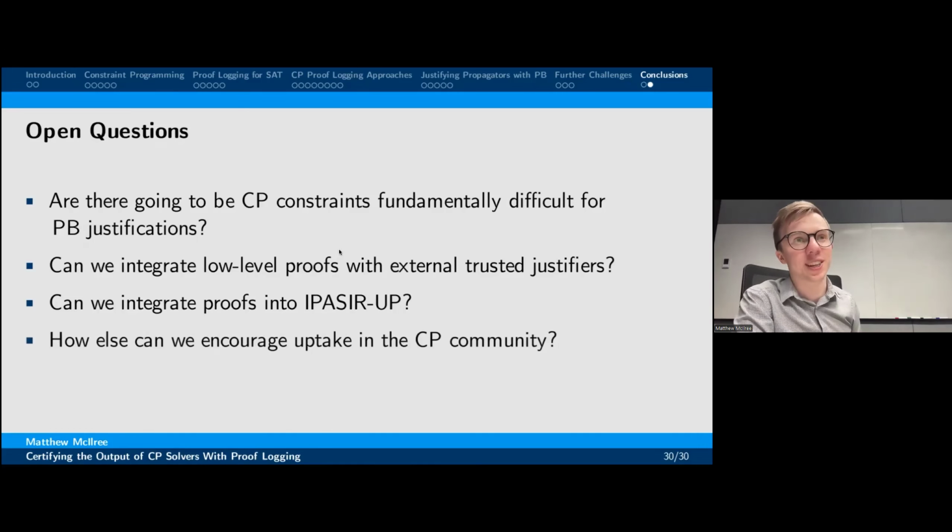So with all of those caveats, the fact you're writing to disk, the fact that we're not streamlining the proofs, the fact we're not trimming the proofs, that being said, I think for the easier constraints, we're looking at maybe a factor of 2 overhead, sometimes a little bit less than a factor of 2 compared to not running proof logging. And then for some worse constraints like circuit, you could be looking at a 10 to 20 times overhead, which can be particularly nasty.